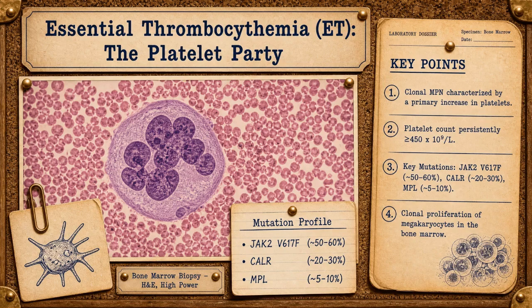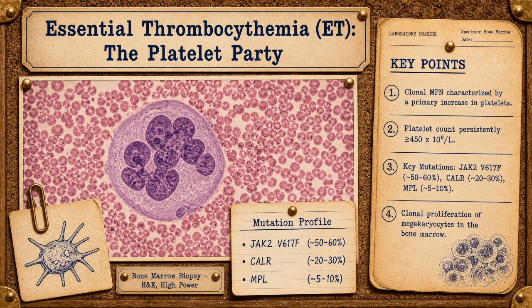CALR mutations are often associated with a more favorable prognosis. Then we have MPL, or myeloproliferative leukemia virus oncogene, mutations, which account for about 5 to 10% of ET cases. These mutations also lead to constitutive activation of signaling pathways that promote megakaryocyte proliferation.